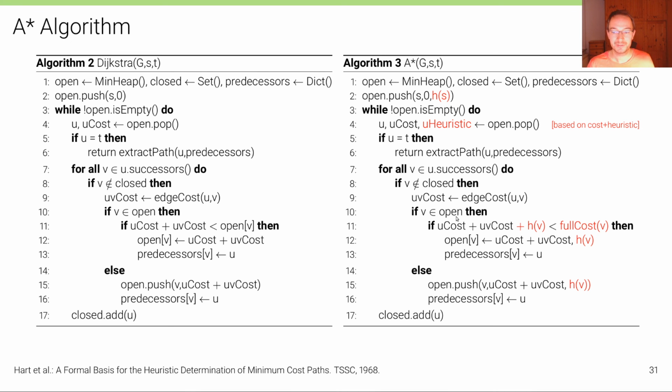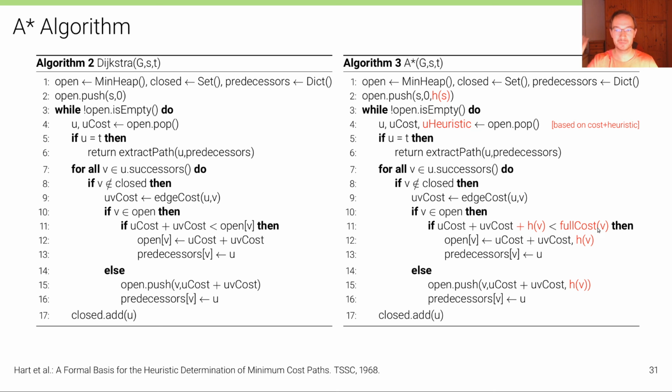And if the successor is in the open min heap already, then we check now, and this is where the difference comes in, if u cost plus uv cost, which is the cost from the source to the node v through node u, plus the heuristic from node v to the target, which we call h of v, is smaller than the full cost from the source to the sink that combines the cost to v plus the heuristic that's already stored in the open min heap for v, right? This is what this function full cost extracts.